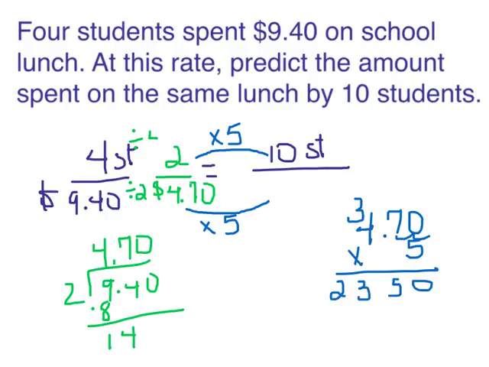I count over 1, 2, $23.50. So as long as you keep track of the ratio of students to dollars, and you are finding equivalent fractions, there are multiple ways to solve that same problem.